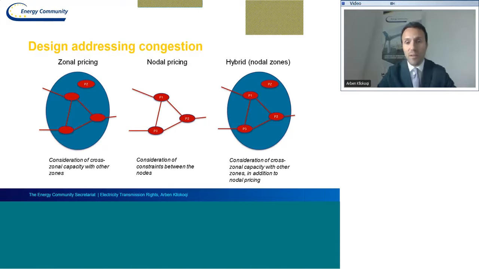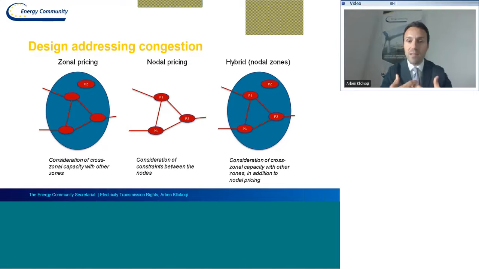In the nodal pricing or nodal market design, you have a consideration of the constraints between the nodes. What we had in the previous design, consideration of the congestion between the zones, we have here between the nodes.